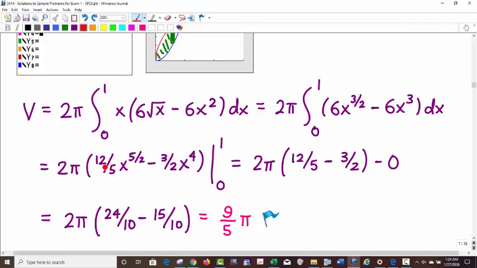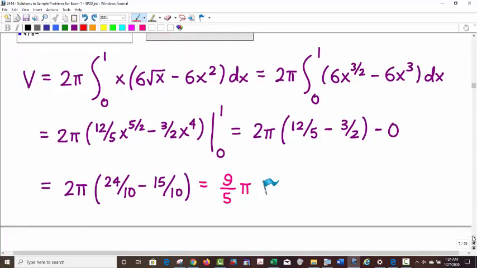And so it's going to give you just 12/5 minus 3/2. Common denominator of 10. So it's 2 pi times 24 over 10 minus 15 over 10, which is 9 over 10. And then the 2 on top will reduce with a 10 to make it 5. So it's 9 pi over 5, or 9 over 5 times pi, however you want to say it.